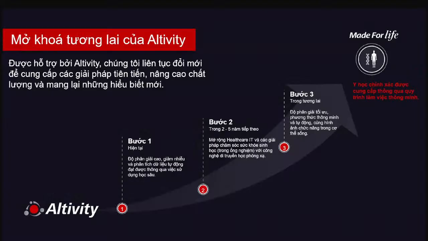So as mentioned by Tani-san, our managing director, we also talk about the future of AI. Currently, we are at phase 1, where you are able to experience the AI technology to have high resolution, noise reduction, and automatic data analysis using the application of AI deep learning. And next phase, probably in 2 to 5 years' time, we are talking about healthcare IT and in vitro healthcare solution with radiogenomics.